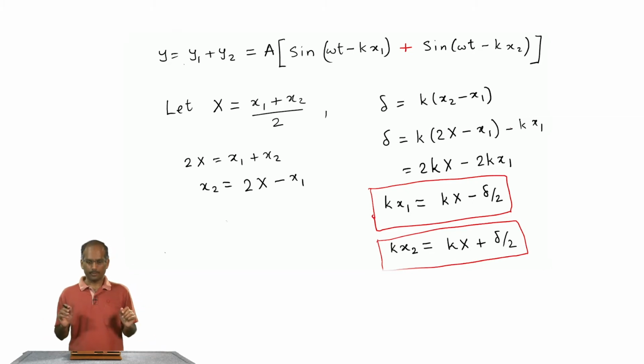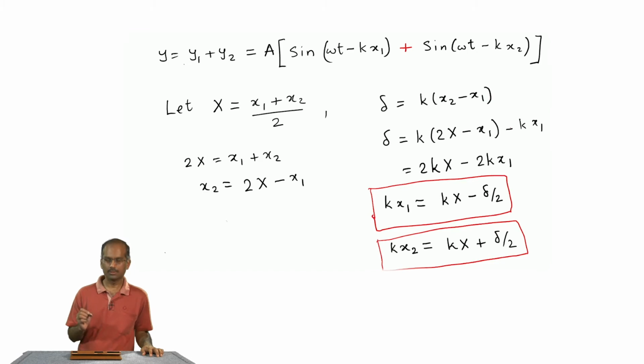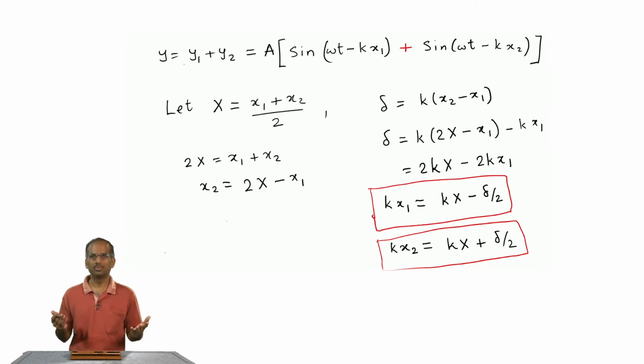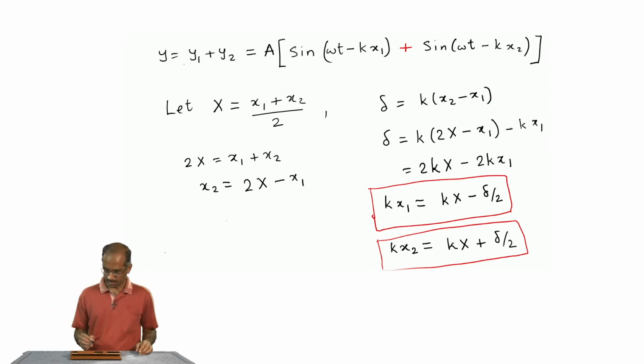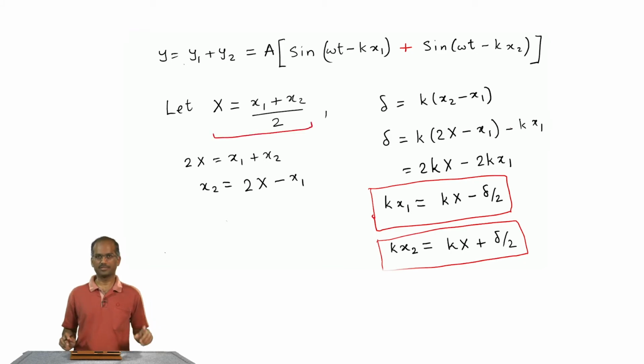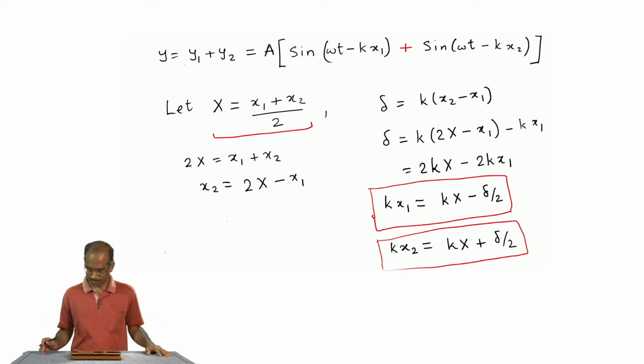Now, for ease of analysis, I am going to introduce two new coordinates. My existing coordinates are x1 and x2 in some sense, and I want to introduce this capital X, which is related to x1 and x2 like this. It is simply the average of x1 and x2.